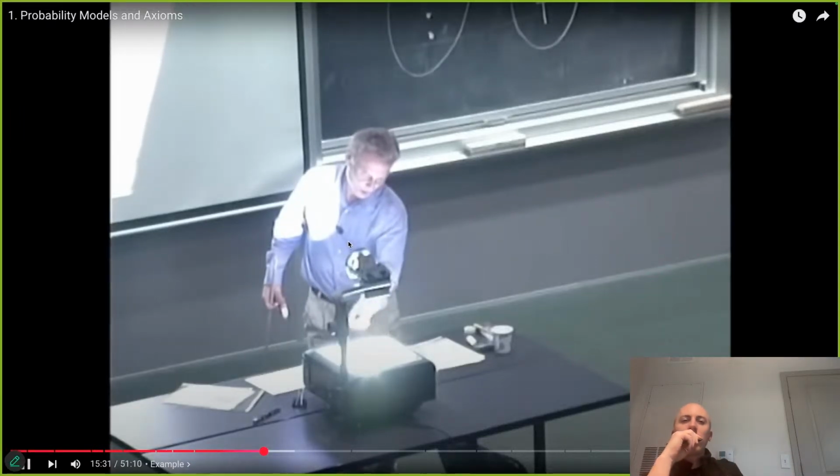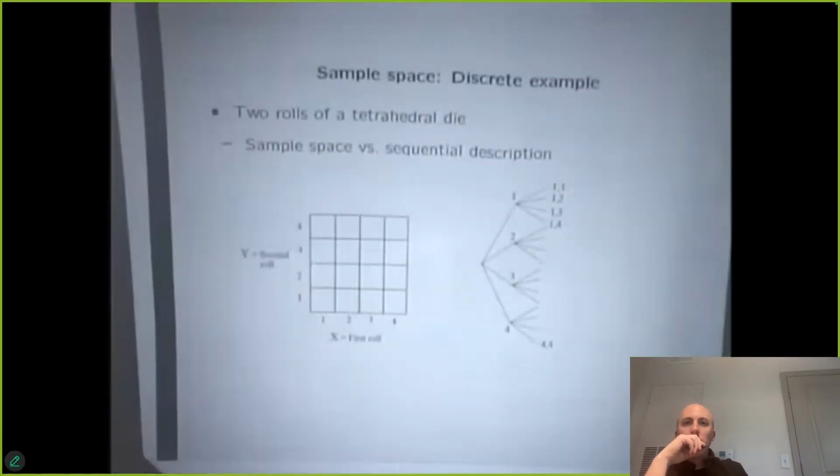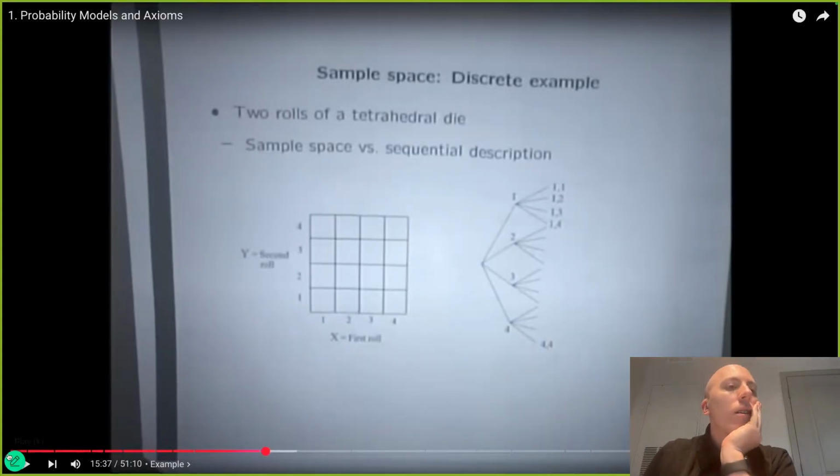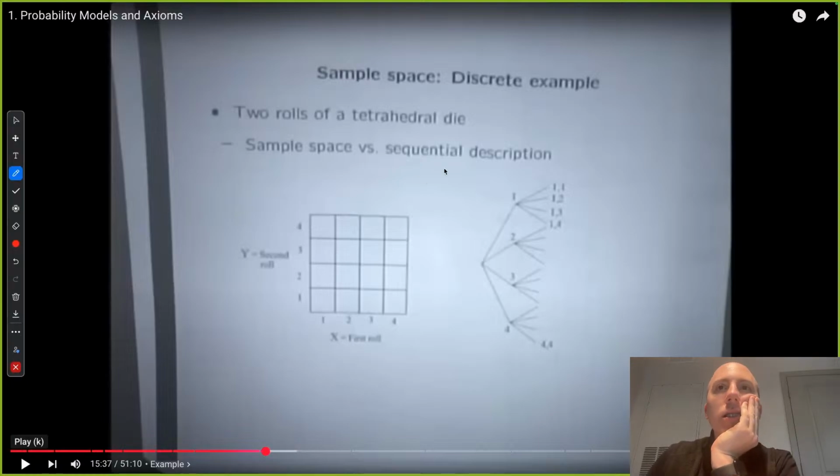with dice, but to keep the diagram small, instead of a 6-sided die, we're going to think about a die that only has 4 faces. Here, sample space. Ways to draw the sample space. You can draw it as a grid, like this.